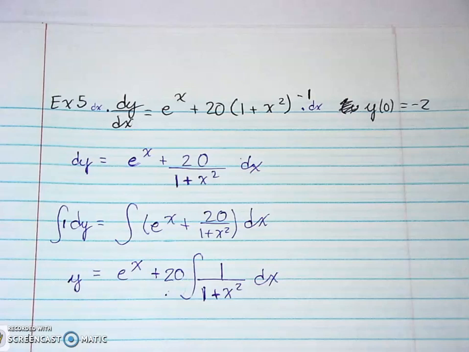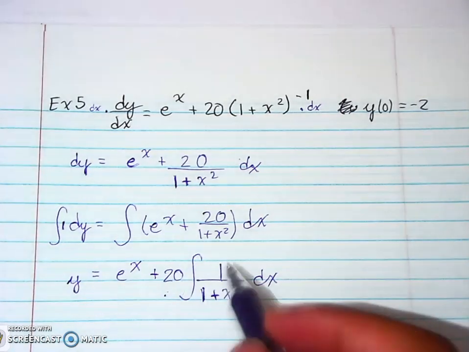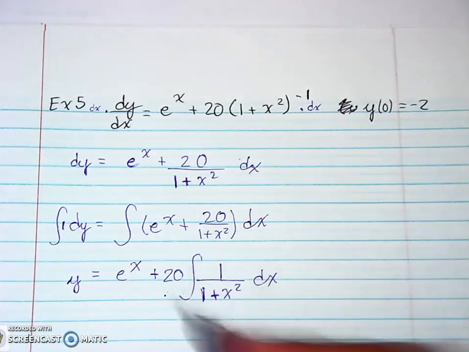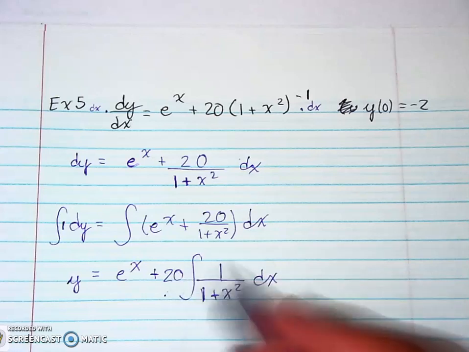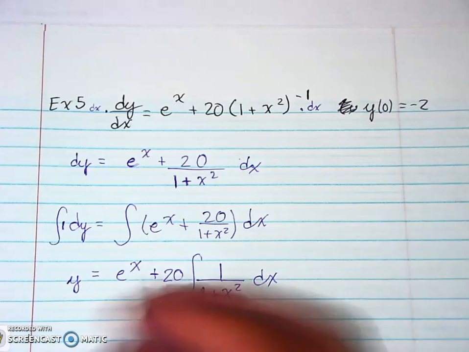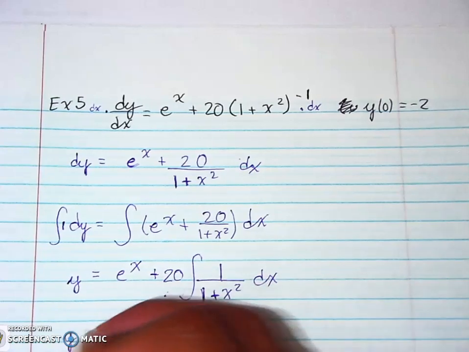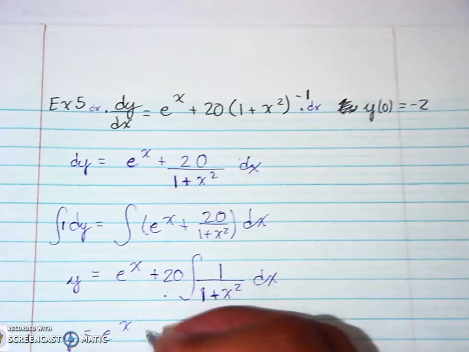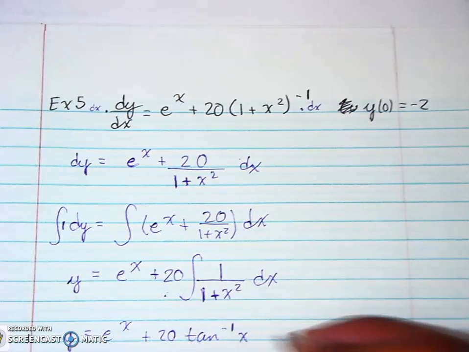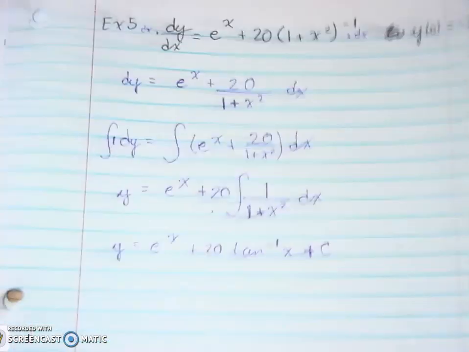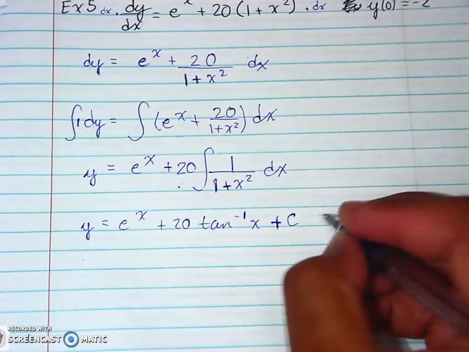It should be tangent inverse for this function right here. So we move the 20 in front, we can see that easier. And so here, we actually have y equals e to the x plus 20 tan inverse x plus c. Okay, and again, that's our general solution.